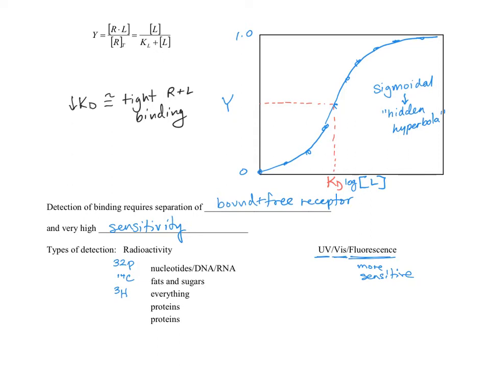We're going to see S35, that is sulfur 35 for proteins, and we can also use I-125 for proteins. I-125 can go on to tyrosine fairly easily. So all of these things are used constantly in the pharmacology industry, and this is how you measure these things.